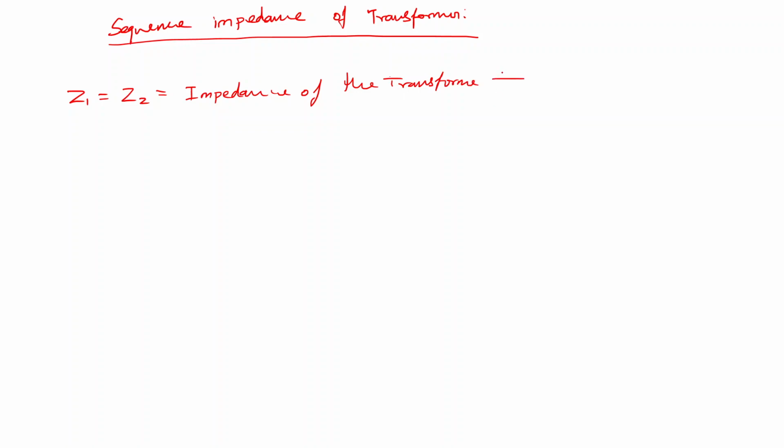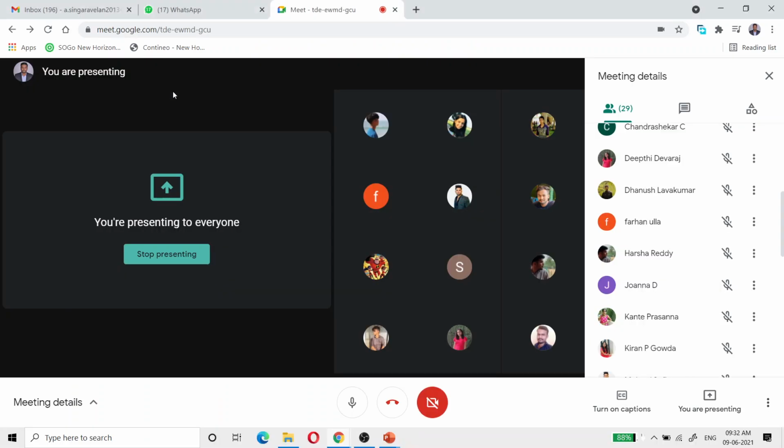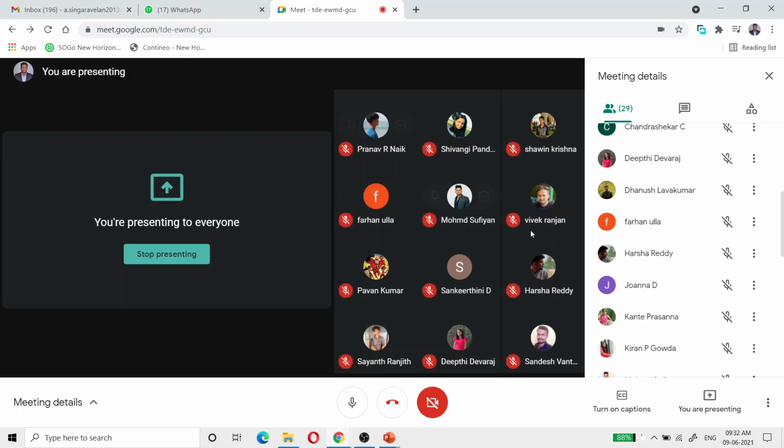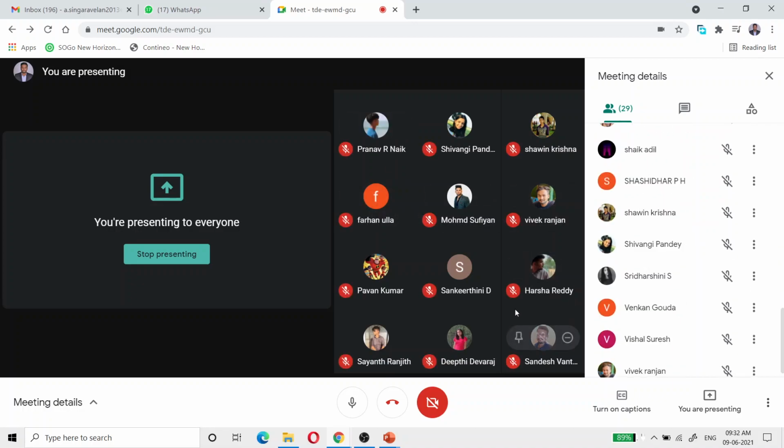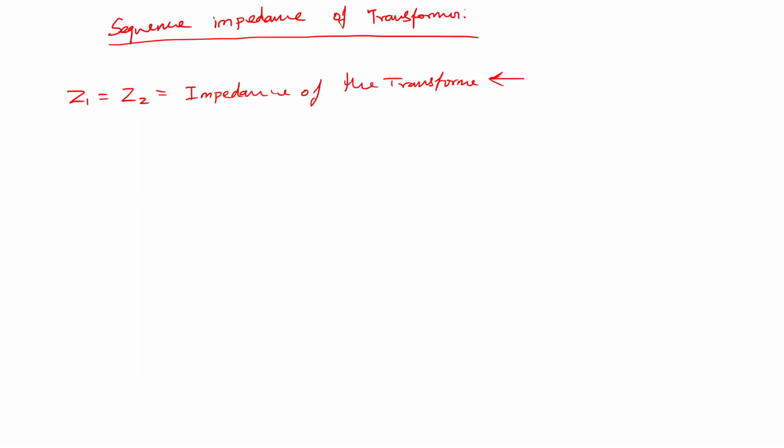You are going to tell why this is, because I already explained. Why is Z1 equal to Z2? Very easy question. Let's check who is telling correctly. Why is Z1 equal to Z2, especially in the transformer? This is the question. Please tell me why. Okay, I'll give some hint.